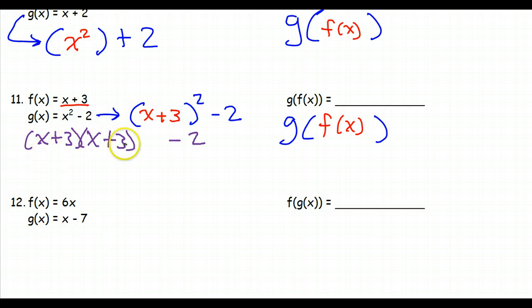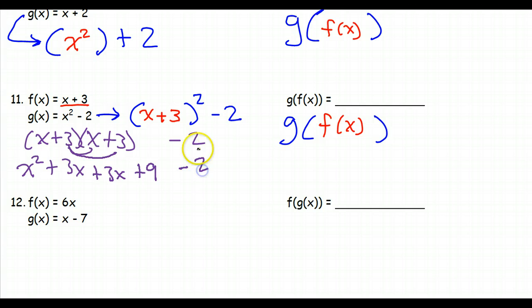Looking at the x plus 3 times x plus 3, if I distribute the x, I'm going to have x squared, x times x, and then x times 3 is 3x. And then if I turn around and distribute the 3, 3 times x is 3x, 3 times 3 is 9.